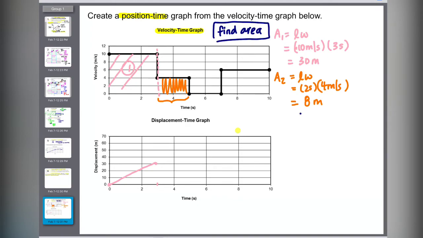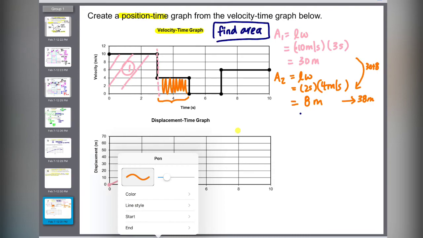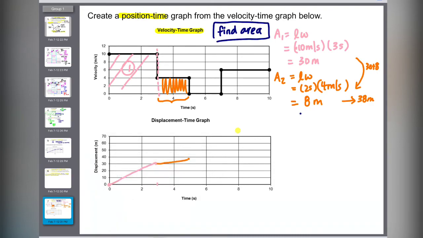I was at 30, I now have to add 8. So 30 plus 8 equals 38. I'm just going to make a little mark. I know that I've ended at 38 meters. Okay, I do another straight line. So I'm at 38 because I added 8 to the 30. Next one.